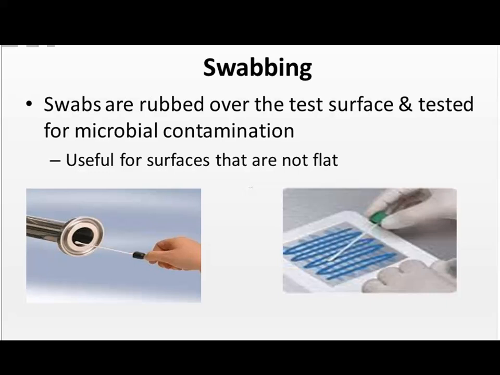You see in this picture that someone is swabbing the inside of a pipe, and that's fine. That's what we're using it for. And we just want to be sure that we're rolling that swab between our thumb and forefinger, and that we're getting a very solid, good portion of that area to be able to test.